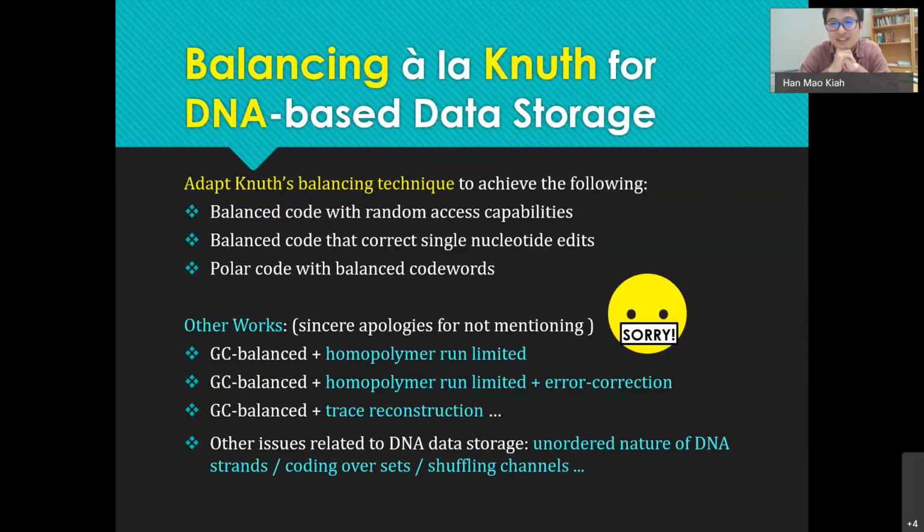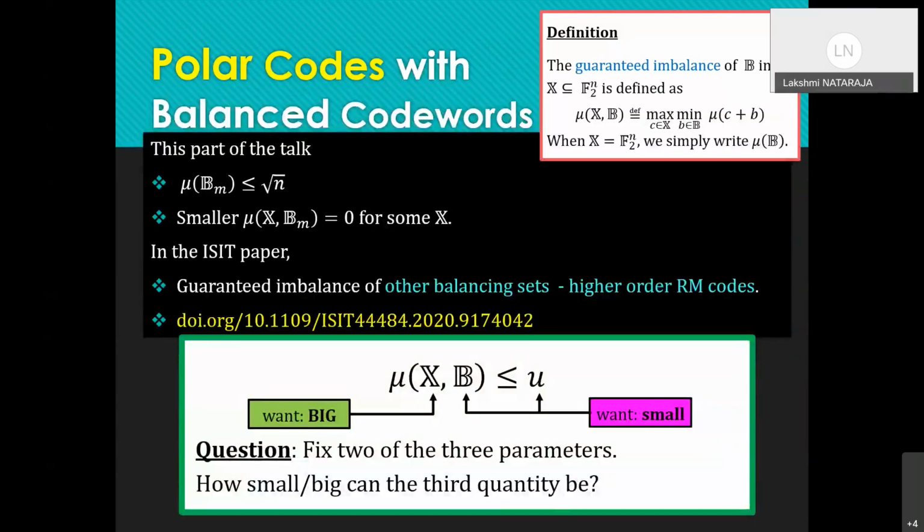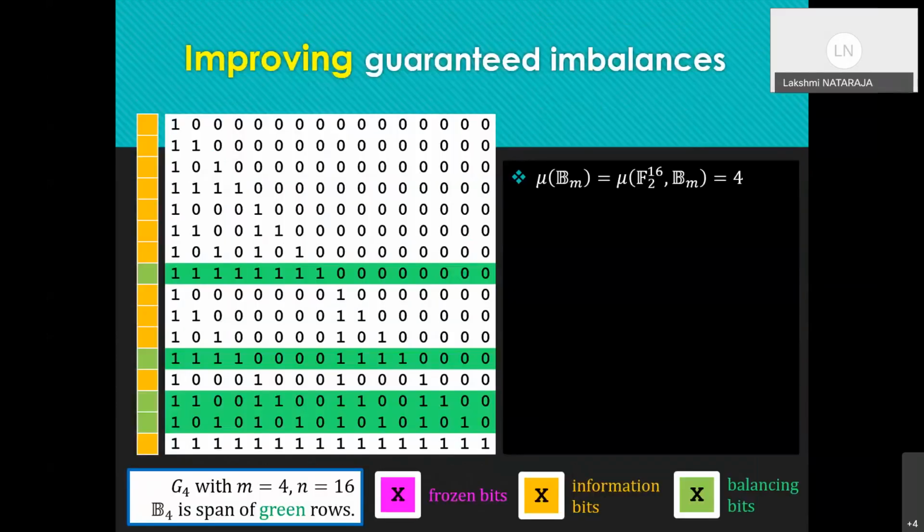So Lakshmi, you want to go ahead? Yeah. Hi, Anne. My name is Lakshmi. Thank you very much for the talk. I have one question related to the third part of the talk. In one particular slide for polar codes, you had chosen non-zero frozen values for some of the rows.